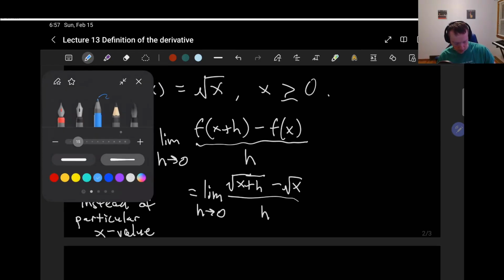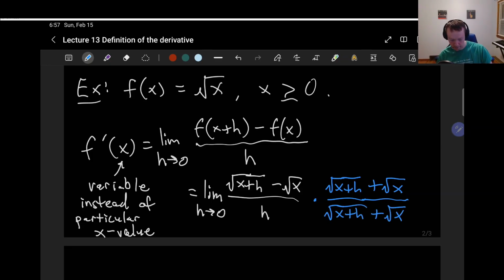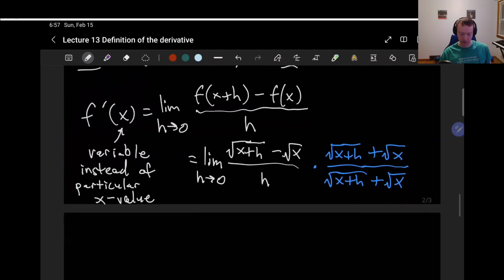Let me use my alternate color. So I want to multiply by the conjugate, which means we just change the minus to a plus. But to keep things equal, I have to do it to both the numerator and denominator. So this shakes things up a little bit, and hopefully when we're done, the limit will be more manageable. So, piece of advice, this is the sort of trick you want to do when you're stuck on a square root limit.